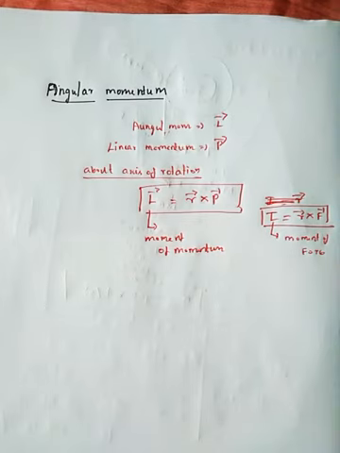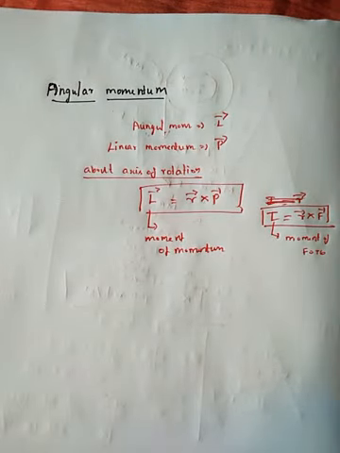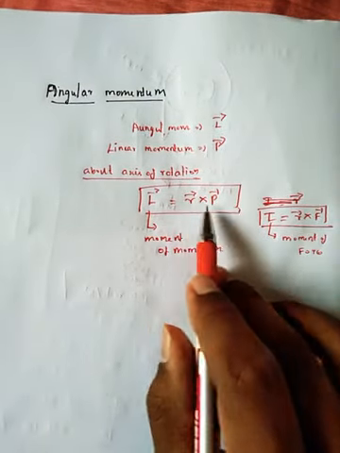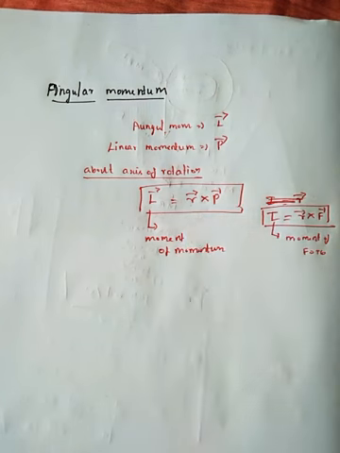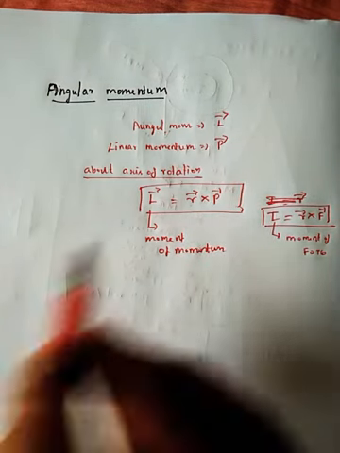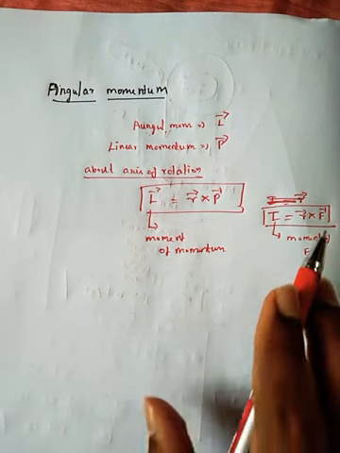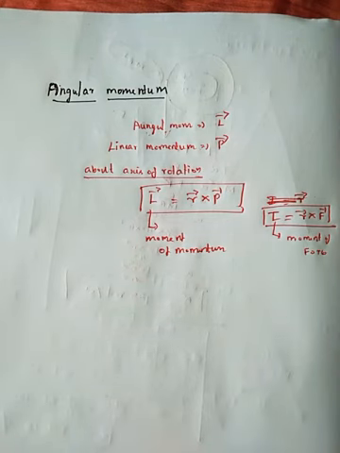It's a cross product of R vector and P vector, where R is the position vector of P with respect to the axis of rotation. We already discussed this for torque, same for angular momentum.